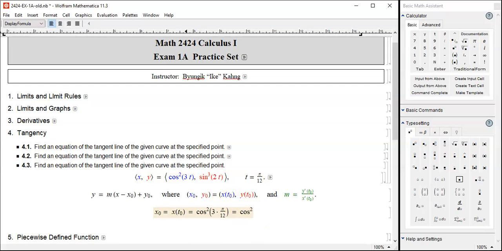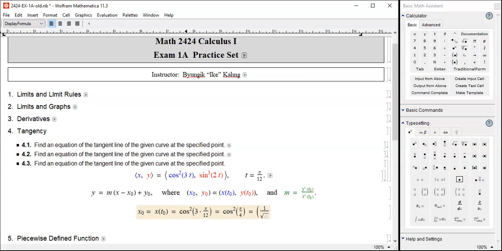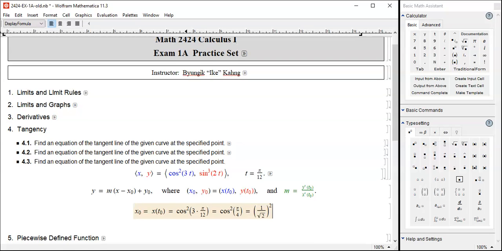This is cosine squared of pi over 4, isn't it? You can use a calculator if you want to, or you can do it symbolically. What is cosine of pi over 4? It's 1 over square root of 2. You can look up the trig table if you want to. Square it, and you're going to get 1/2. And that's your x0.